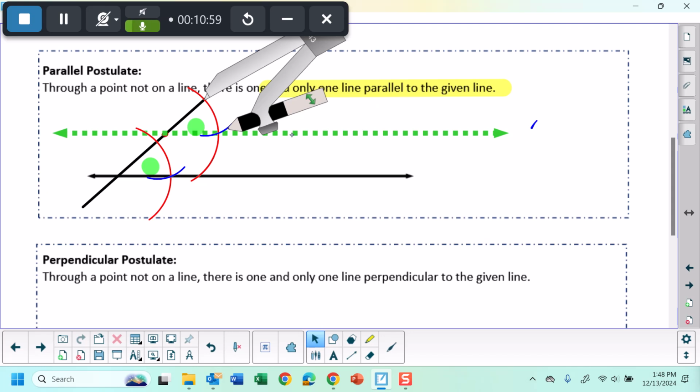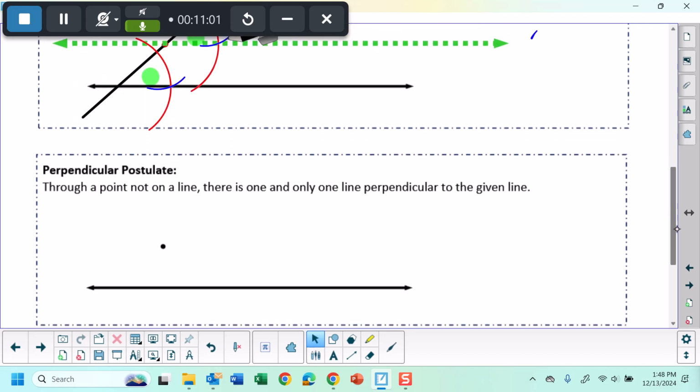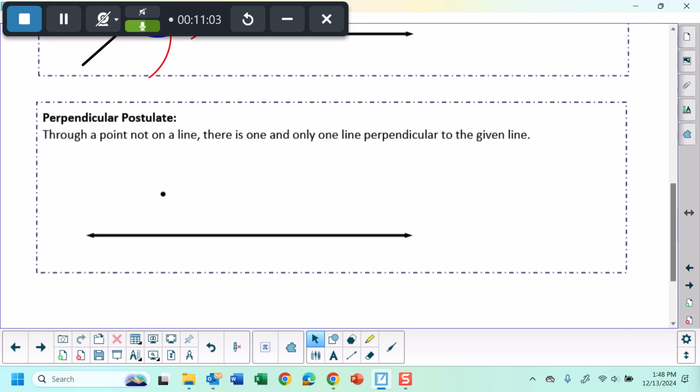All right, here's the next construction. Through a point not on the line, there is one and only one perpendicular to the given line. So again, there is one and only one line perpendicular to that given line. So I'm going to make sure that I can figure it out.